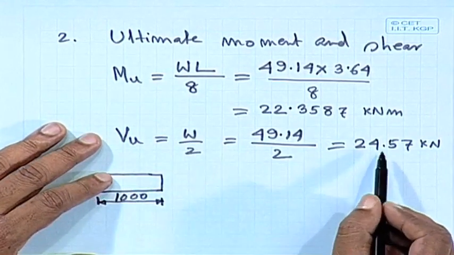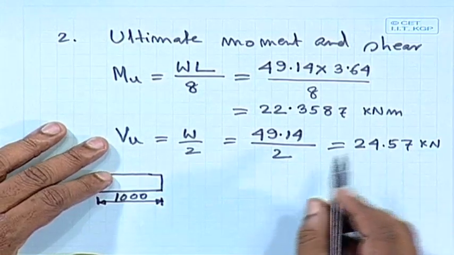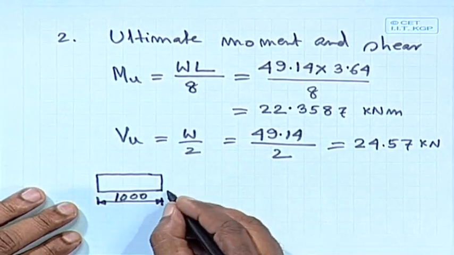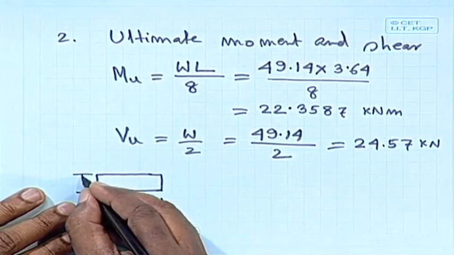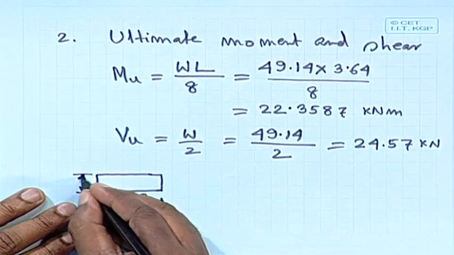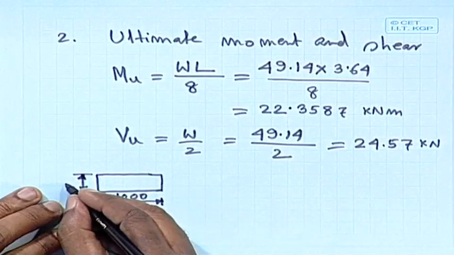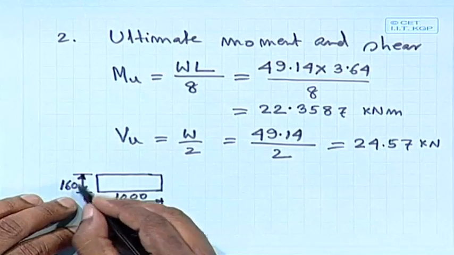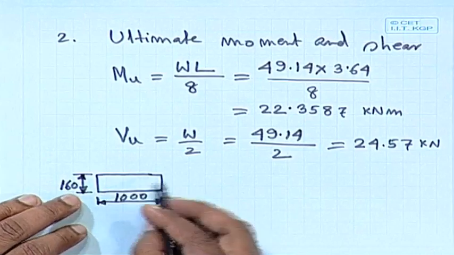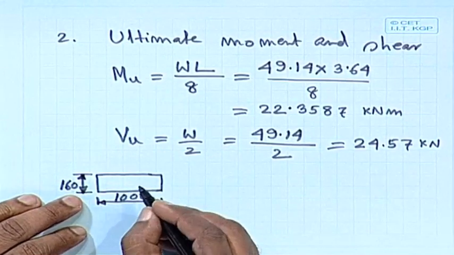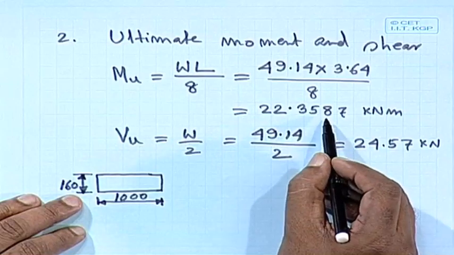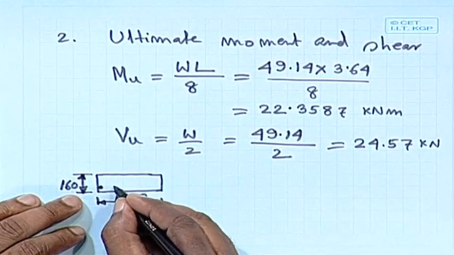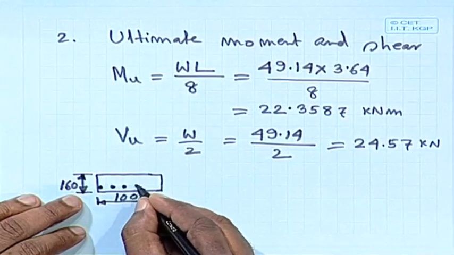We have to check whether it is sufficient and how to provide the reinforcement. The overall depth we have already computed, 160, a little bit on the higher side. We have to check whether it can resist this moment, and then provide the reinforcement.